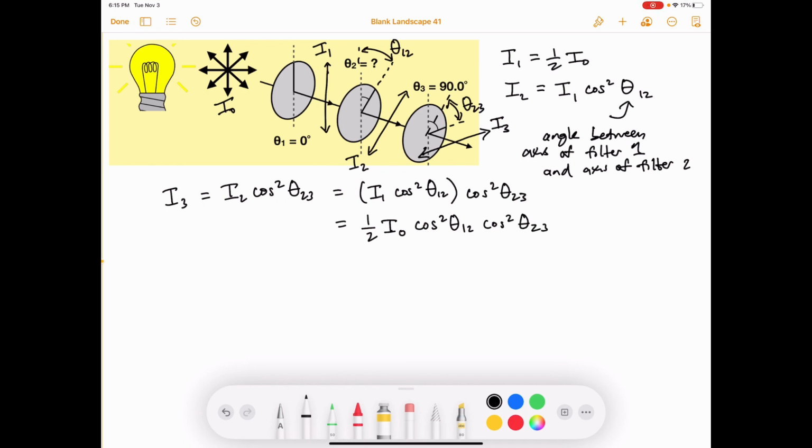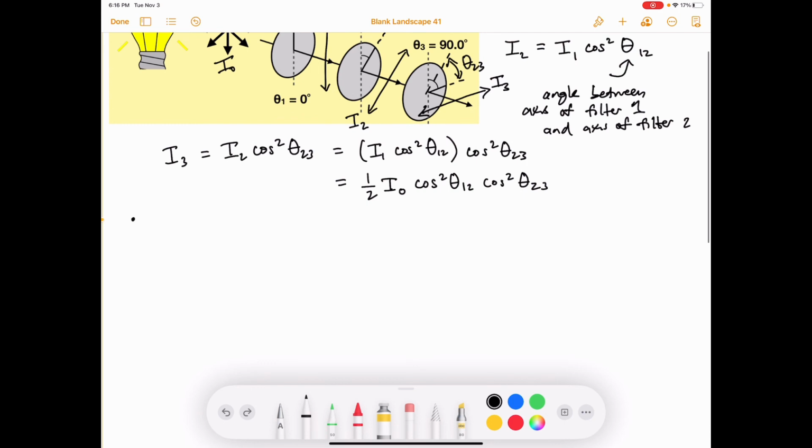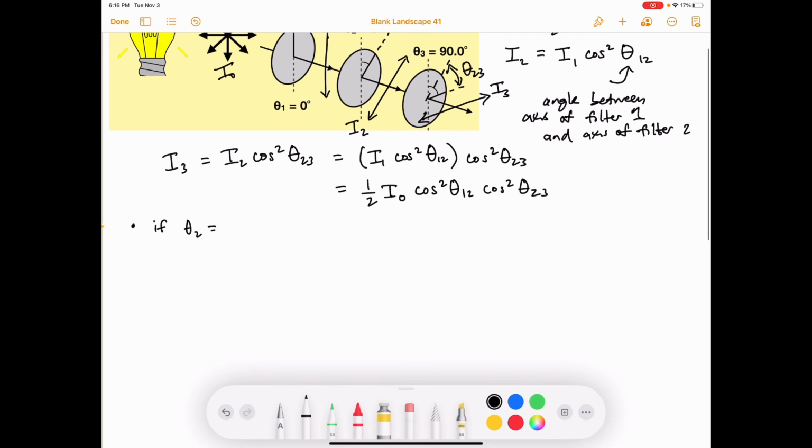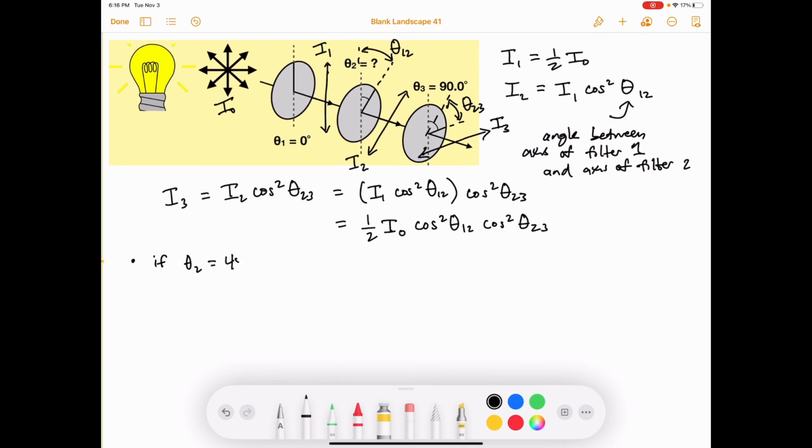So we have a series of questions that we can now answer using this general formula. So in the first question, we have theta 2, the angle of our second filter relative to the vertical, is 45 degrees. So that means theta 1, 2, the angle between filter 1 and filter 2, is 45 degrees. And theta 2, 3, that's going to be also 45 degrees.